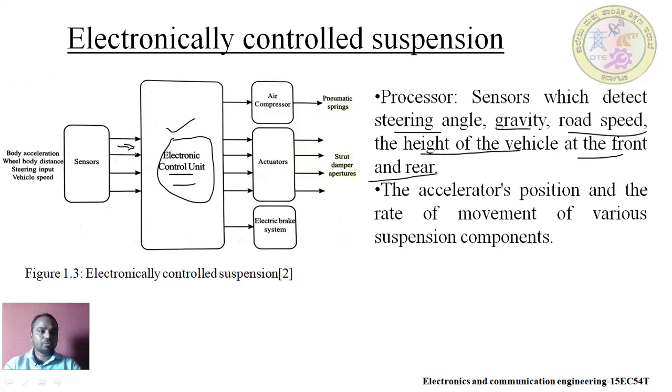It takes the information from the input sensors, processes that information and sends it to output devices through the output pins. It may be used to control the air compressor or the actuators or the electric brake system.